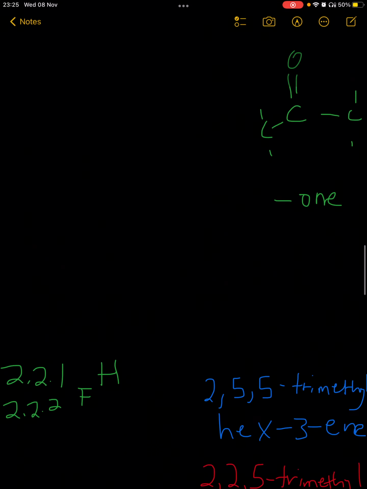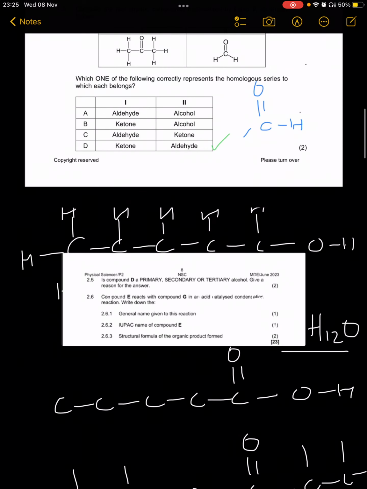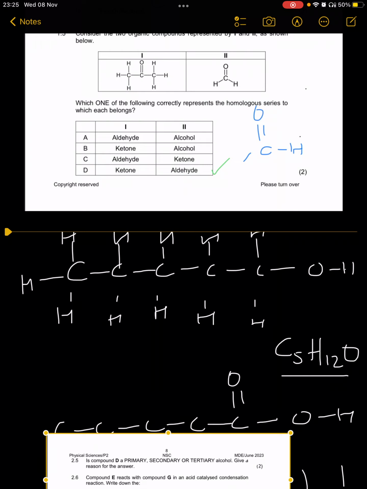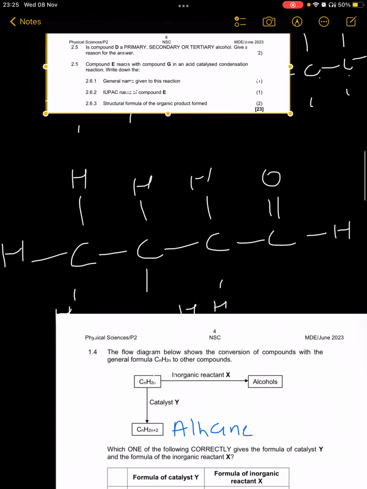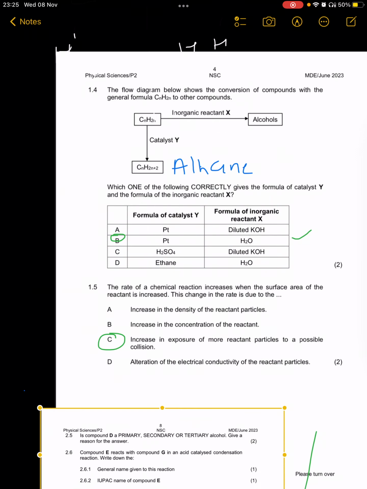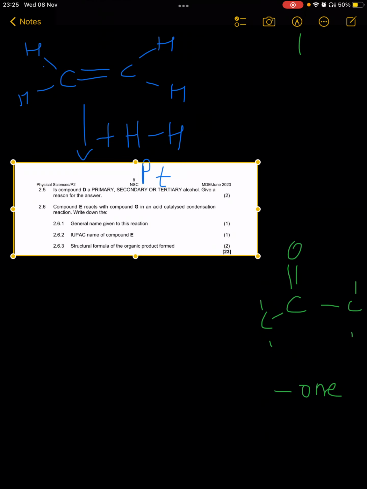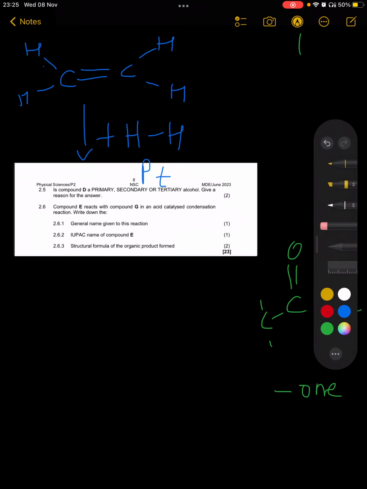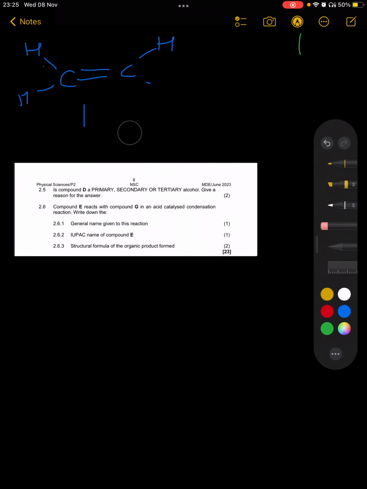Let's take it down. Okay. Compound D. Is compound D a primary, secondary, or tertiary alcohol?